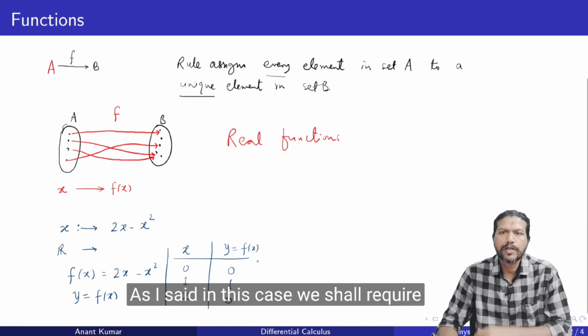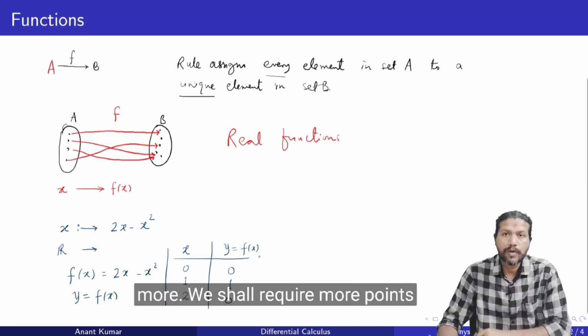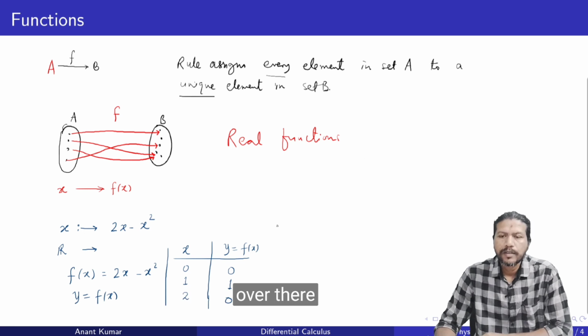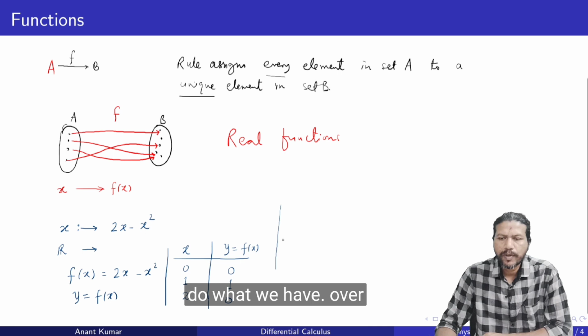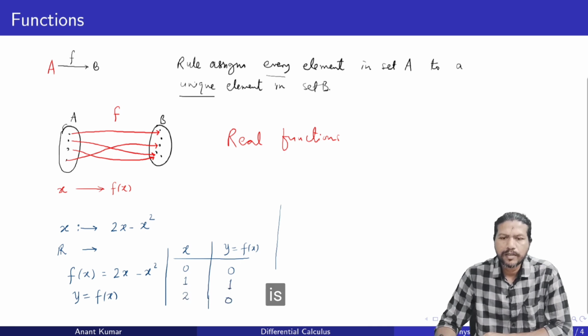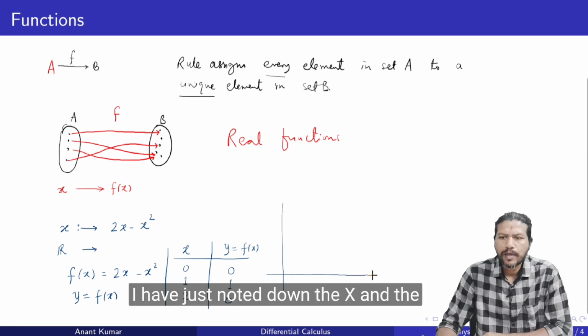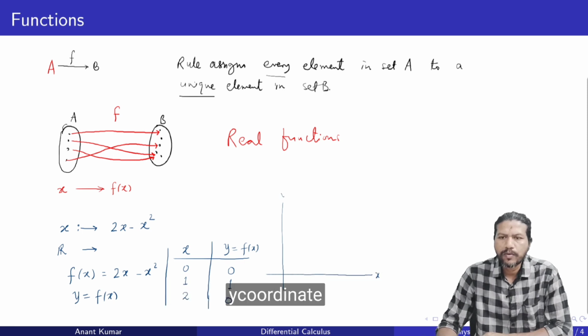As I said, in this case we shall require more points over there. A brief sketch, for example, we could do. What we have over here is, I have just noted down the x and the y coordinate.